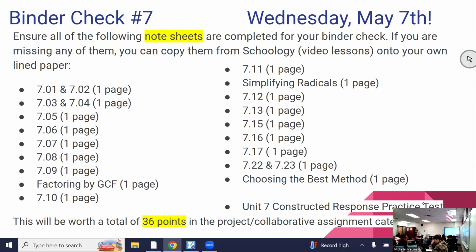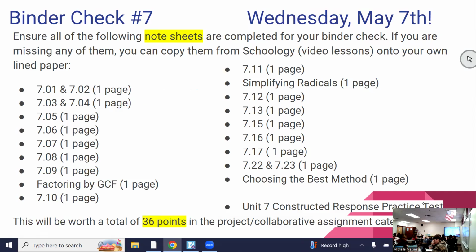So like I said, in that message on Parent Square and every day when I talk to you now, we are almost to the end. You need to finish strong. For the next 2 weeks, there's only homework grades going in the grade book. So your grade will not change very much for 2 weeks. But then there's all these project points, all these assessment points, your final exam, you need to finish strong.